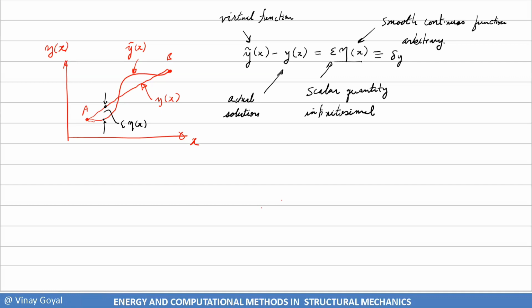And so what we're trying to do is, given the functional I, which is a function of y of x, and we'll have integral form, and it could be a function of y prime, y double prime, and so forth.